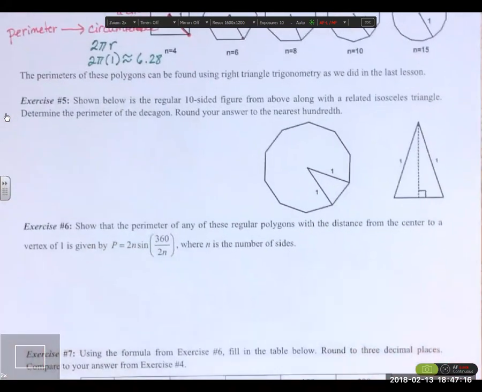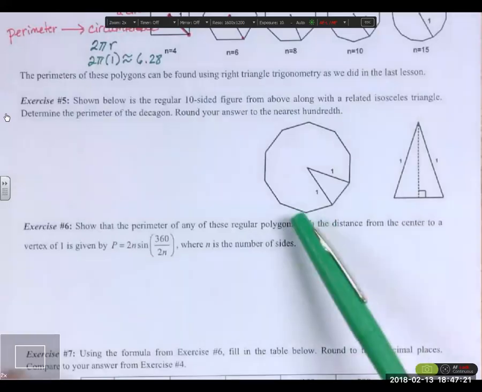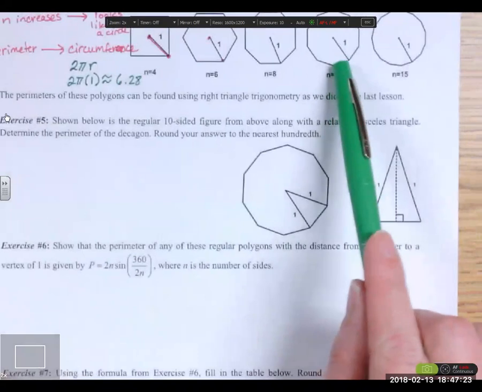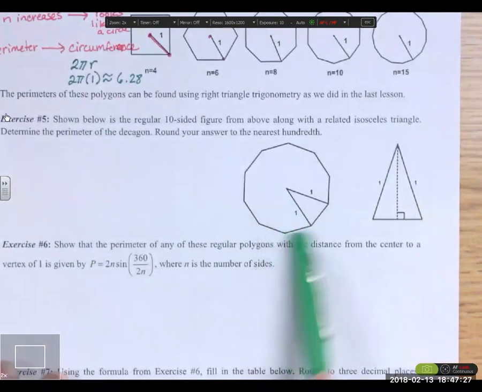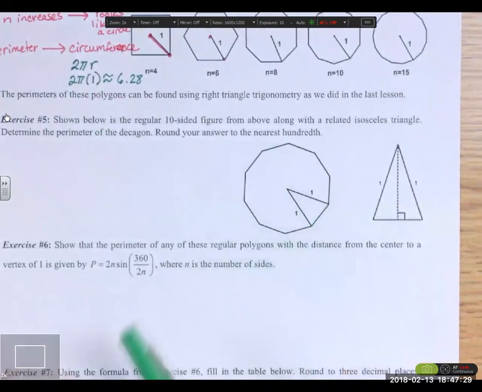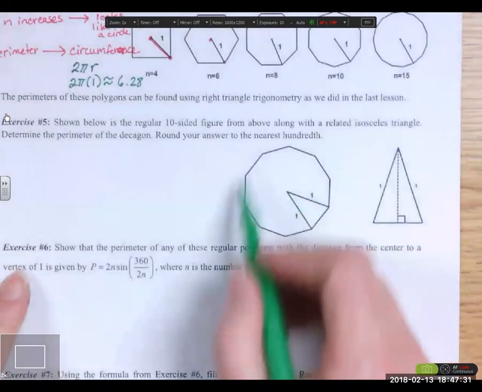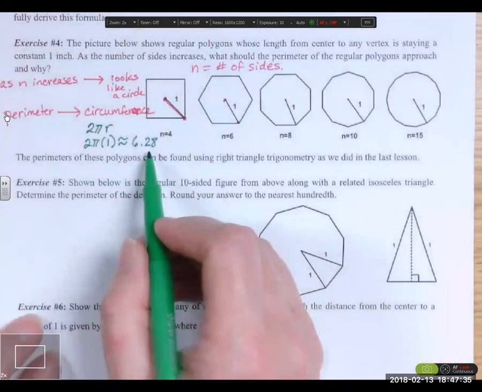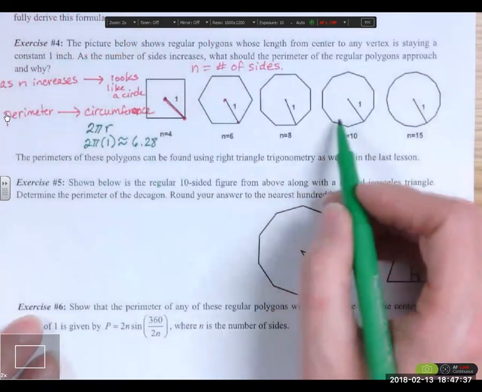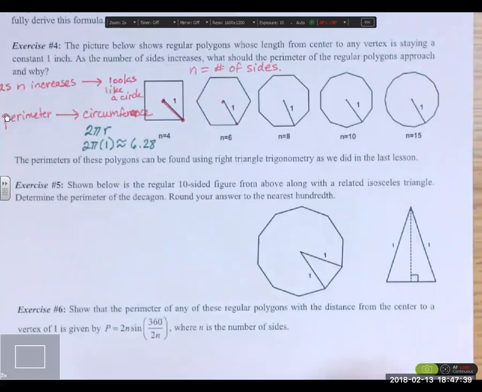In exercise 5, let's figure out the perimeter of this 10-sided figure, this one up here. We just exploded it bigger, and we're going to figure out the perimeter of this decagon. I expect that this perimeter should be pretty close to 6.28, not exactly, but this looks kind of like a circle. So I would approximate it about 6.28, but we're going to find it exactly.